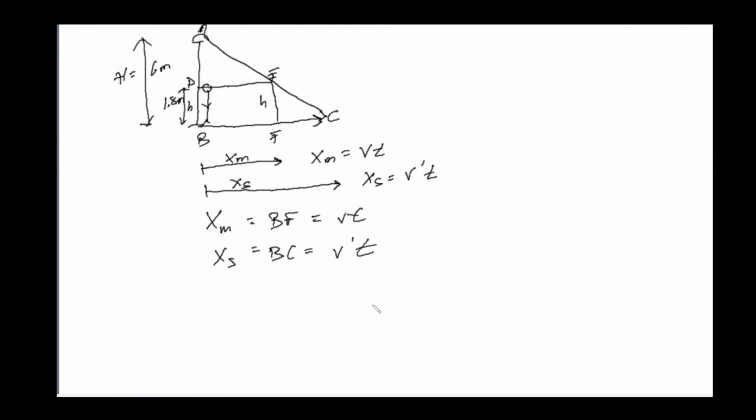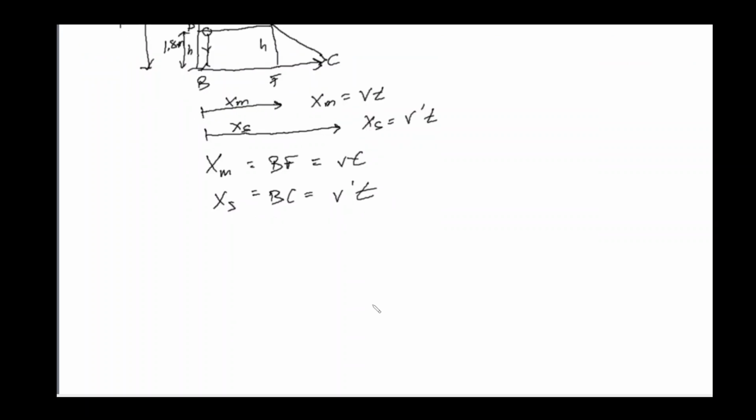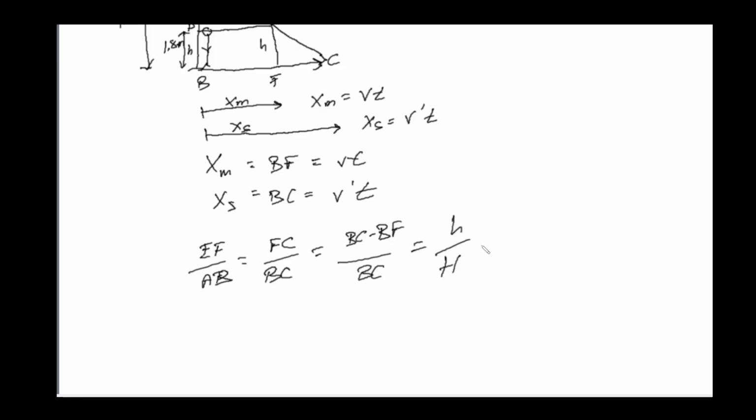We can use the properties of similar triangles also to show that EF is to AB as FC is to BC, and FC over BC is equal to BC minus BF over BC, and that's equal to h over big H. And that is then also equal to v prime t minus vt over v prime t.